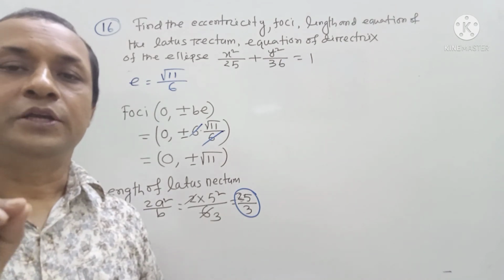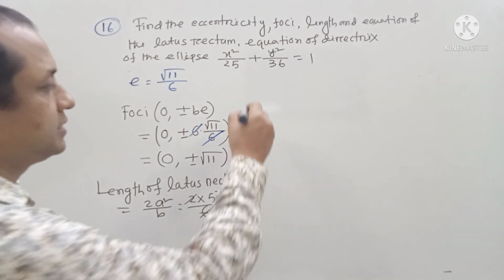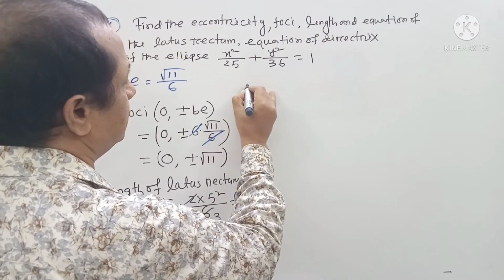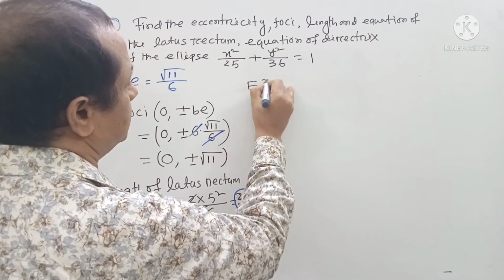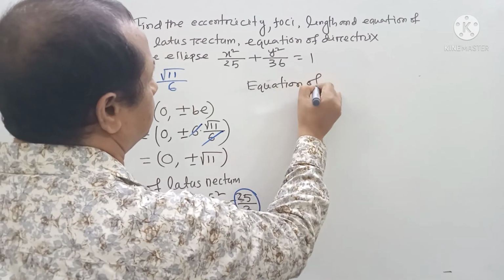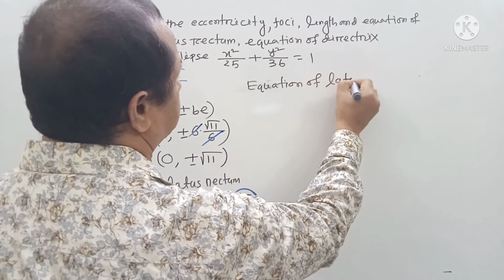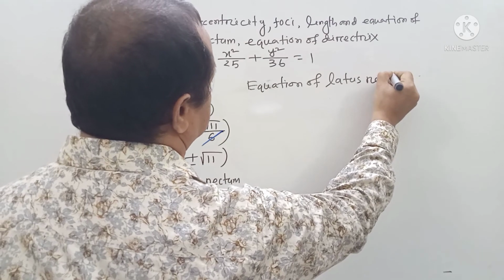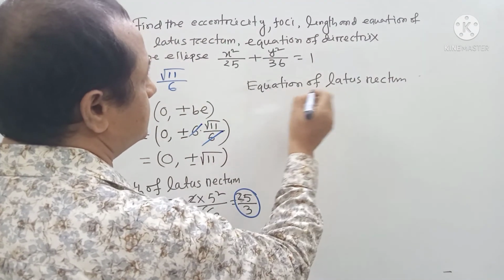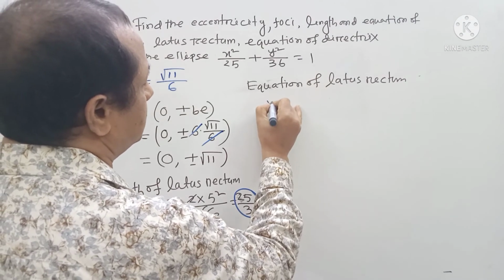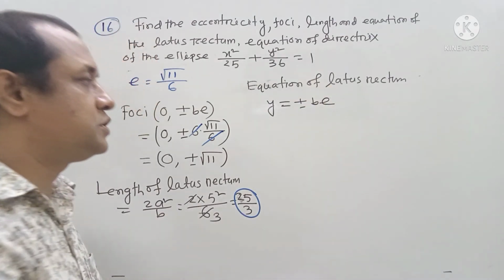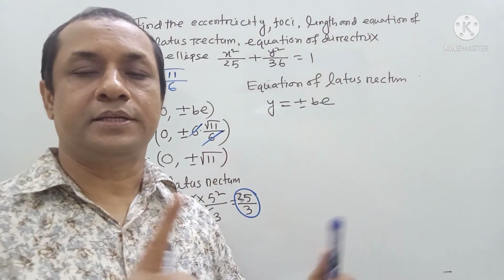Then find the equation of latus rectum. We know that the equation of latus rectum is y equals plus minus be, because b is greater than a.